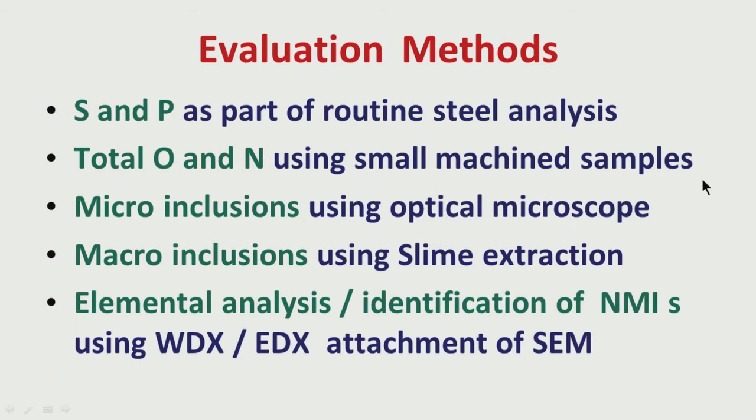Using small machined samples. What do I mean by this? From the samples which are taken for routine steel analysis, we can cut small samples and then machine those, say the diameter may be 5 millimeter and the length may be 5 to 10 millimeter.